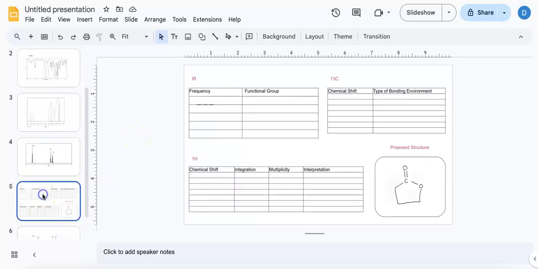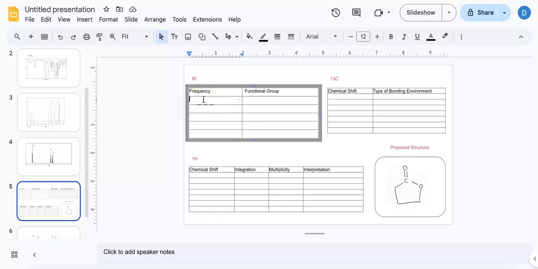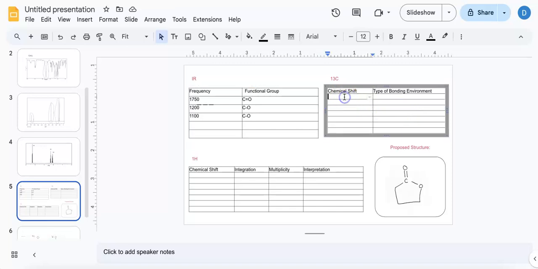Okay, I'm going to move here, and I'm going to start filling in. We already went over these a little bit, but I'm just going to fill them in so that they're easy to see. It's here, about 1200 like we said. About 1100 that was. Okay, so this is the infrared table here. We're going to move again. We went through the carbon 13 here, and I'm going to go in at the end after I enter all these in and bold the relevant ones.